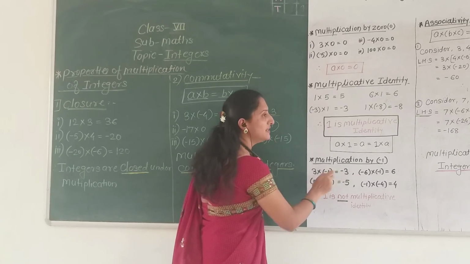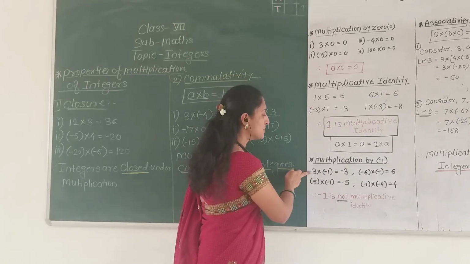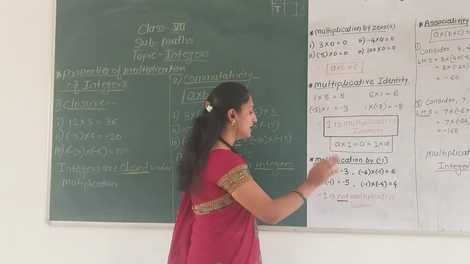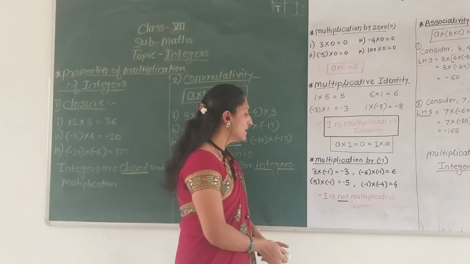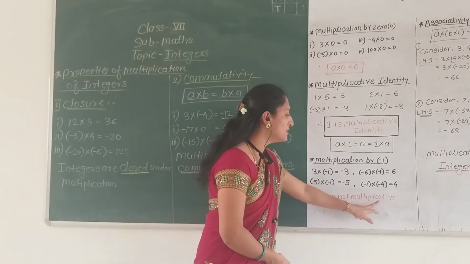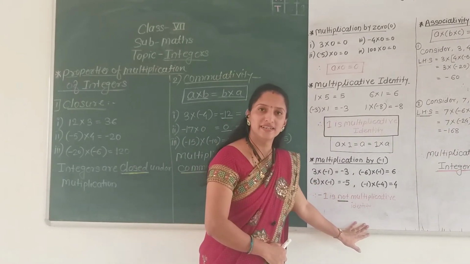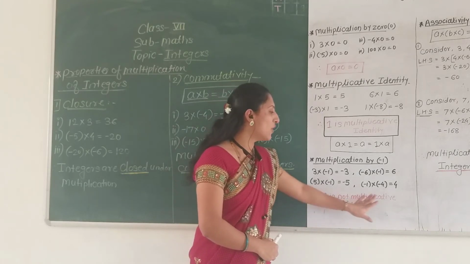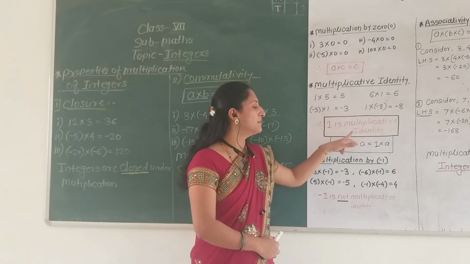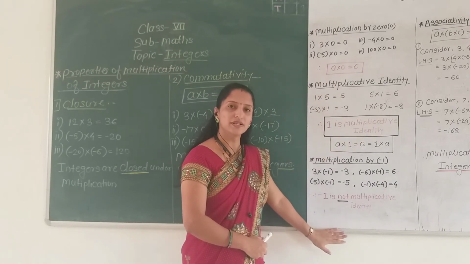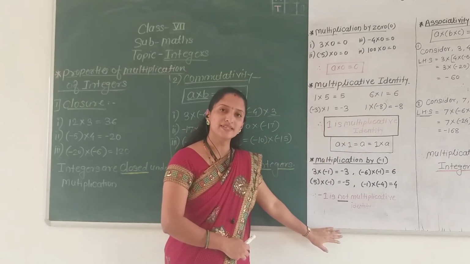The sign of the integer changes. If it is positive, it becomes negative. If it is negative, it becomes positive. Therefore, negative 1 is not the multiplicative identity, but 1 is the multiplicative identity. Okay students, did you understand this?